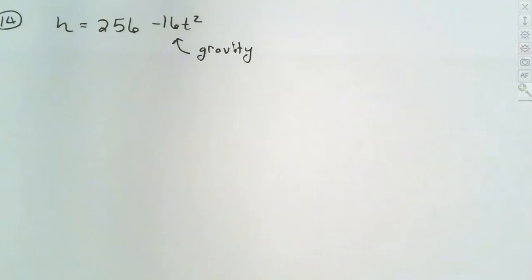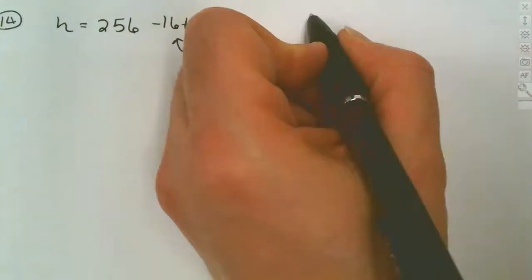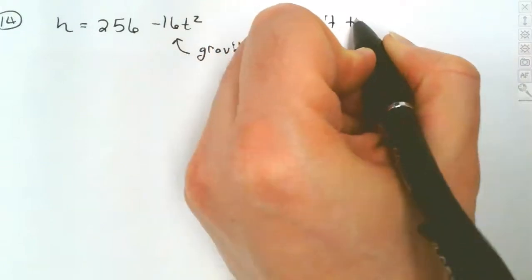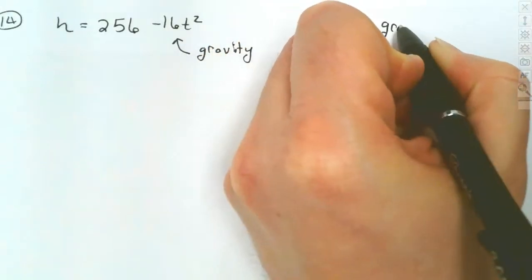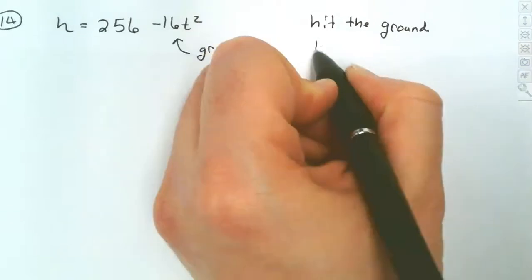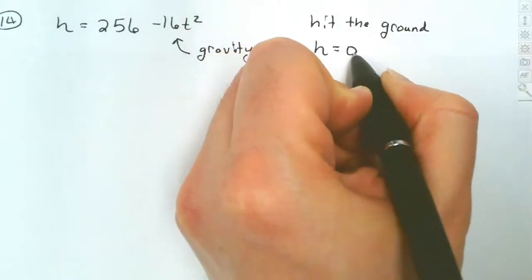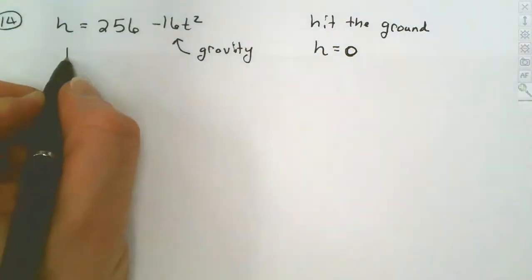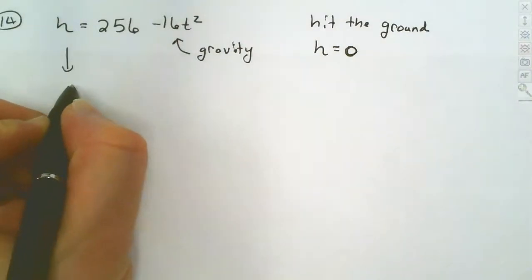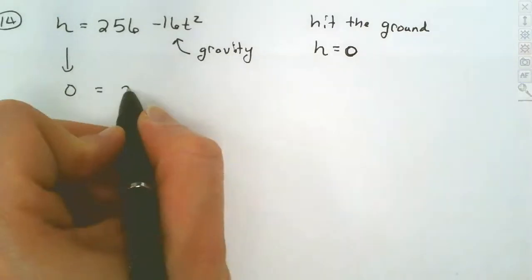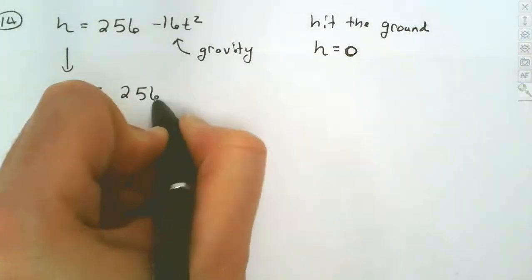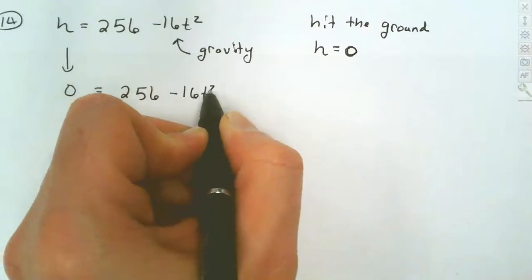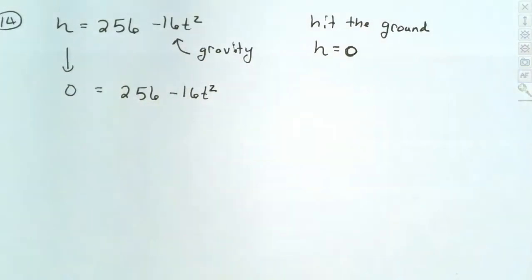What do we know? Well, we know we want this to hit the ground. And if we hit the ground, what's our height of the ground going to be? 0. Okay, so all we have to do is just plug in this 0. I'll do a couple more steps, and then I'll leave the last part for you to finish.